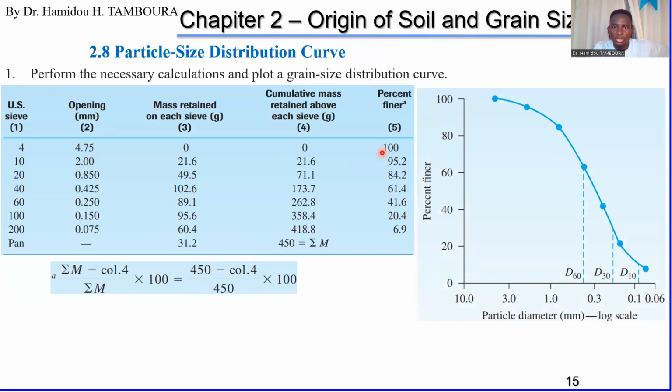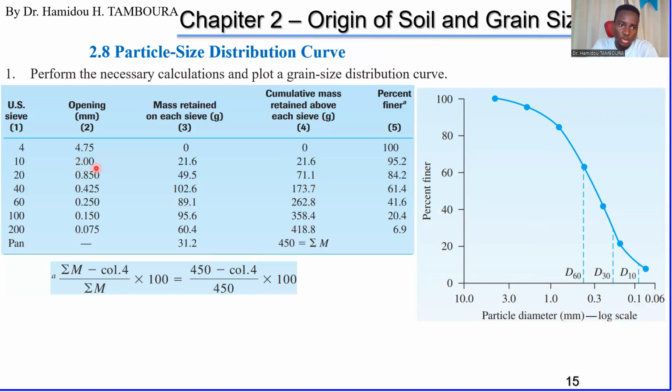So we know that at opening 4.75, it's 100%. So 100. Don't forget that this axis here should be log scale. That is very important. Only this one is log scale.